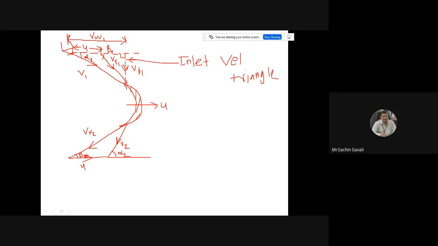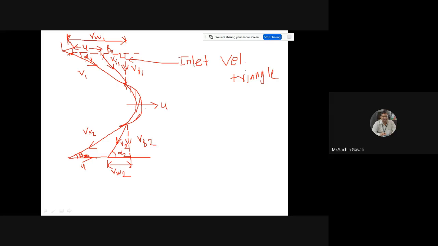This v2 also has two components now. One is the vertical component at outlet, called vf2, and the other is the horizontal component, responsible for the work done, called vw2. So v2, like v1, has two components: vertical vf2 and horizontal vw2.